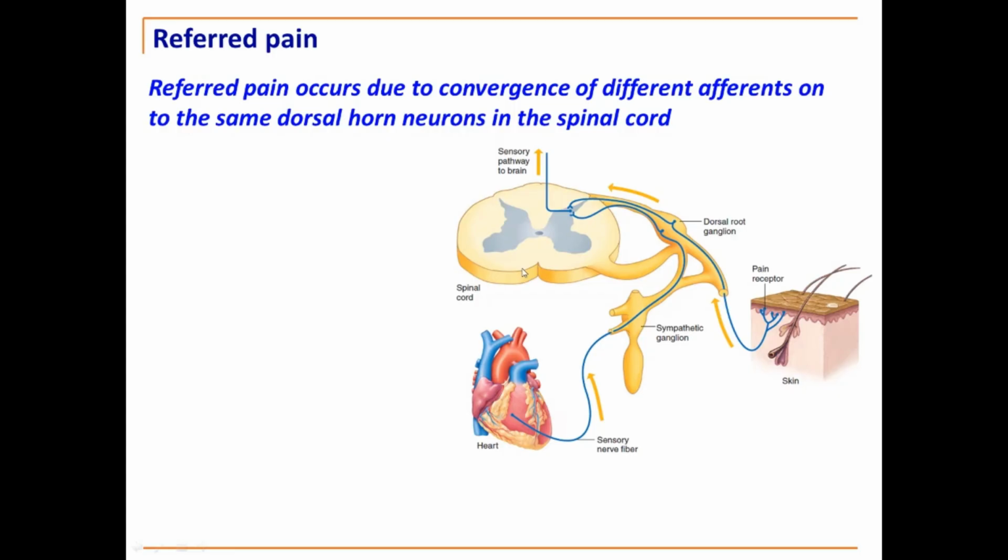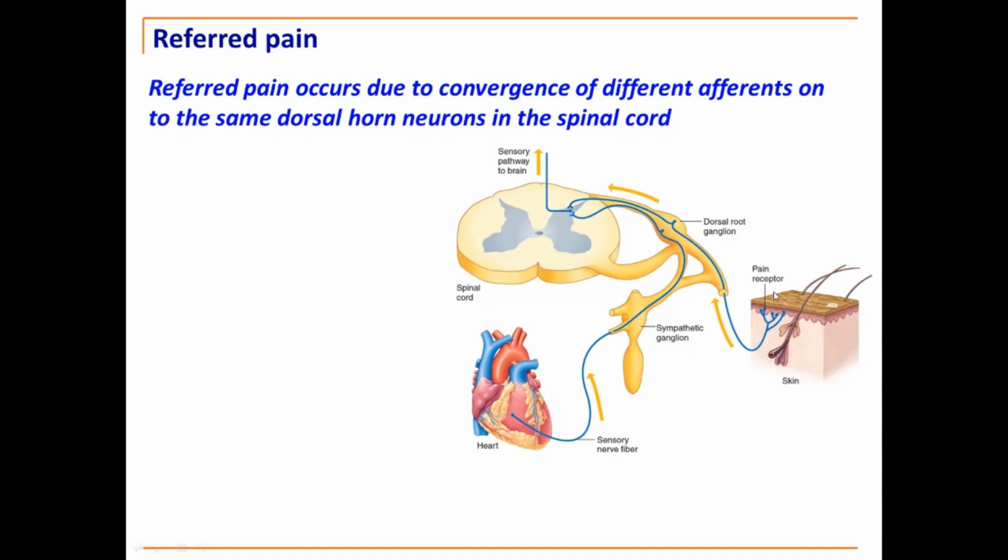So now we'll just touch on referred pain. Referred pain occurs due to the convergence of different afferents onto the same dorsal horn neurons in the spinal cord. In this example, again, we're looking at the heart, and we're looking at a sensory nerve fiber coming in through the sympathetic ganglion, through the white rami, through the dorsal root ganglion, and into the dorsal horn.